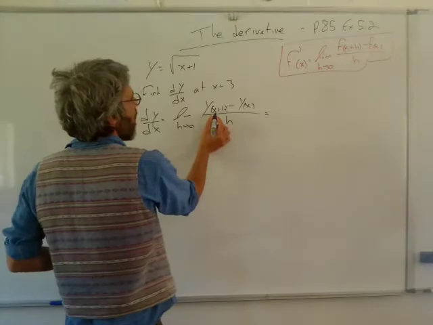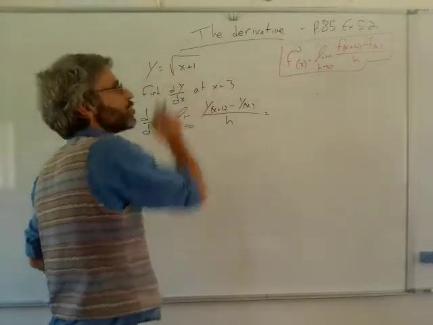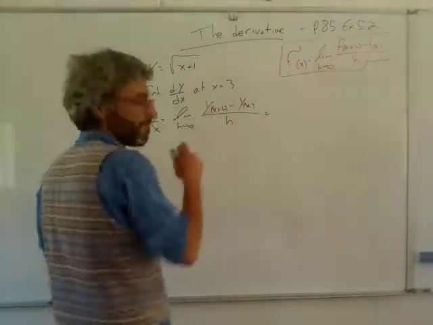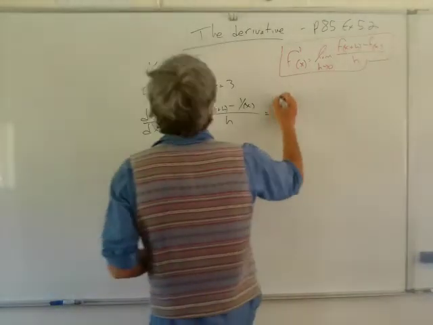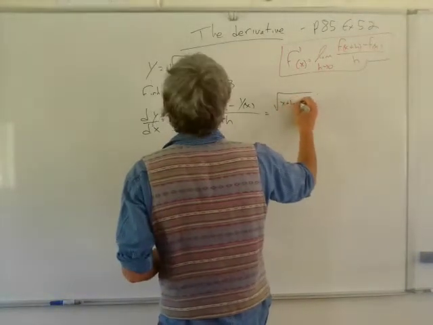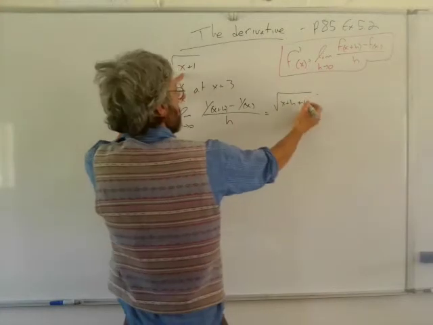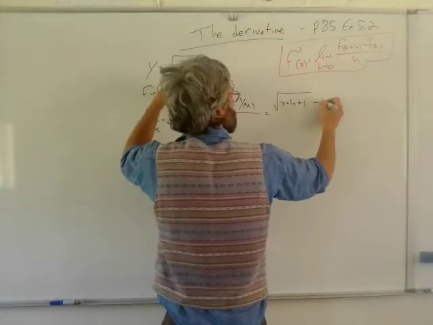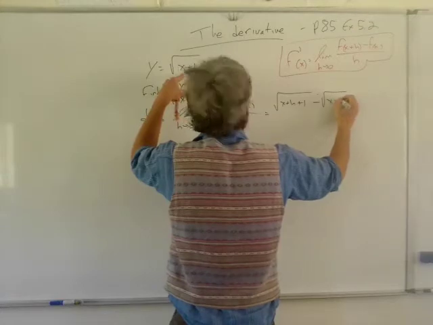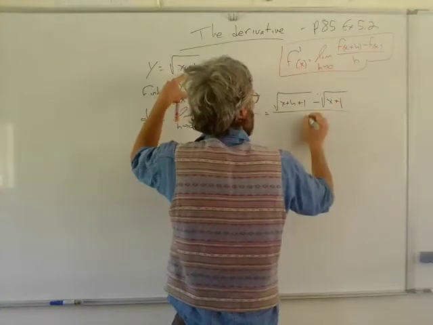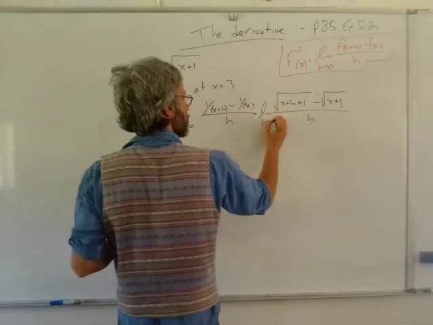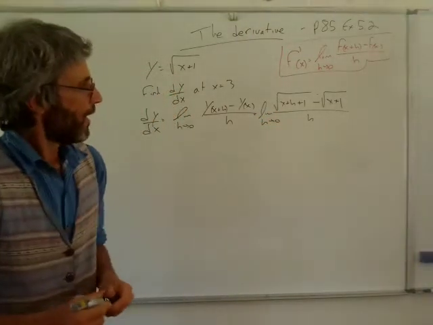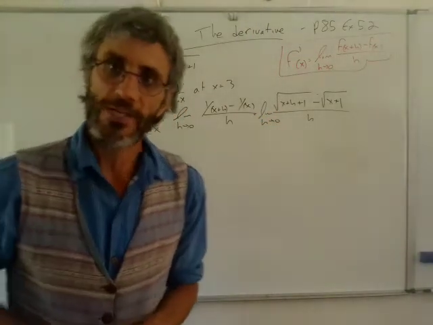What is y of x plus h? I'm substituting x plus h here. Not just here, everywhere there's an x, I'll write x plus h. So it's the square root of x plus h plus 1 minus the square root of x plus 1, divided by h. Keep on forgetting, limit h approaches 0.